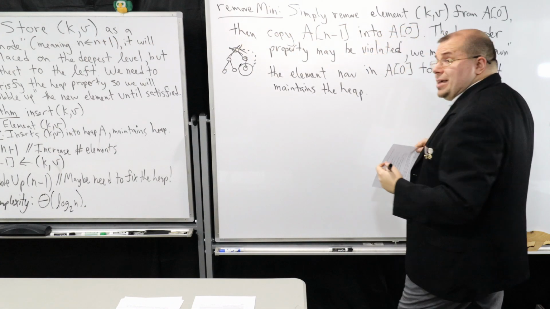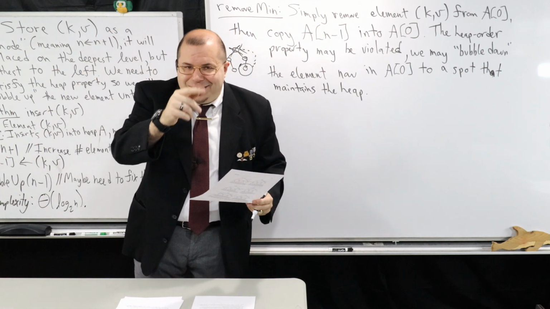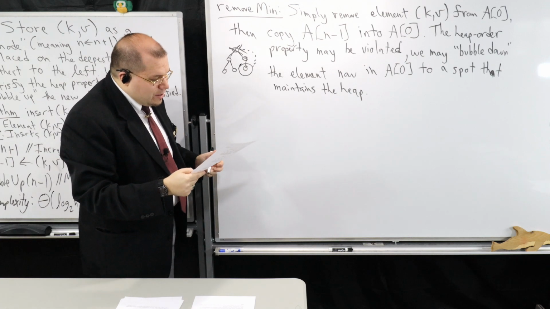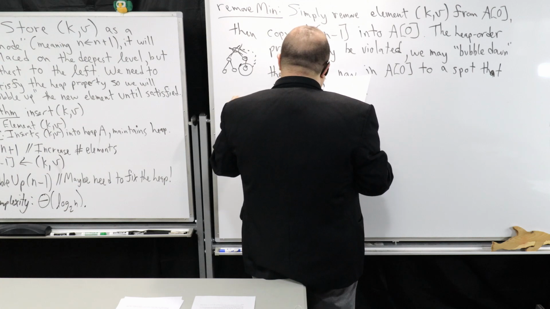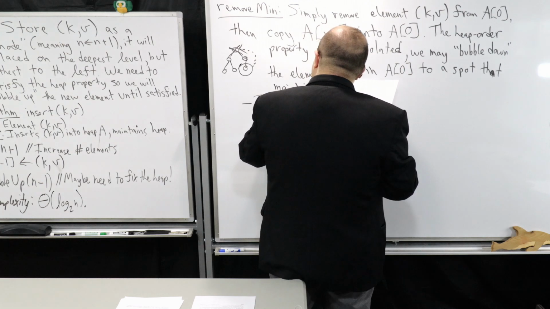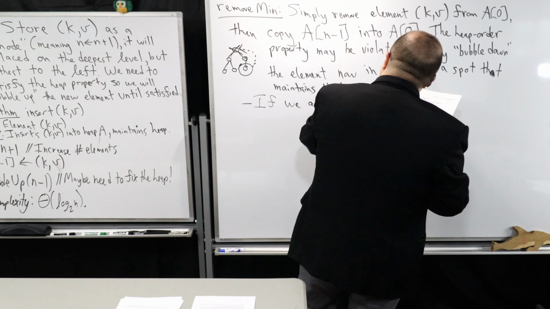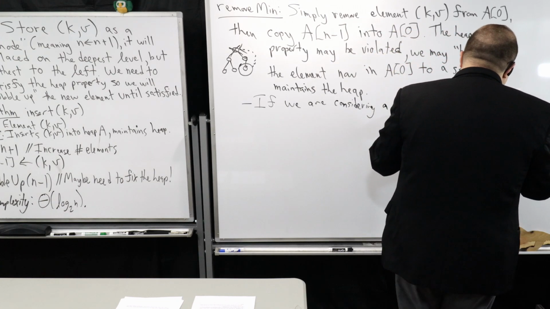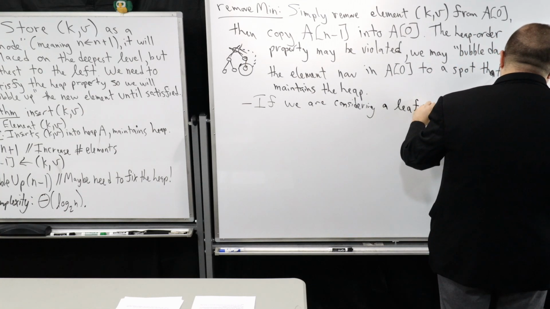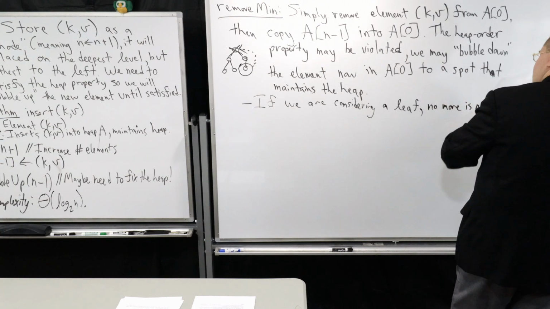But we have to know how to do that. We have to be careful, because before we had one parent, and it made it very easy to know where we're going to swap. Now it's not so clear. So there are two things you have to keep in mind. If we are considering a leaf node, no more is needed, as it's a heap.